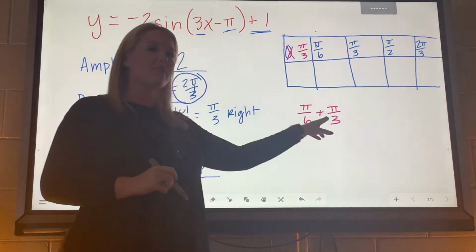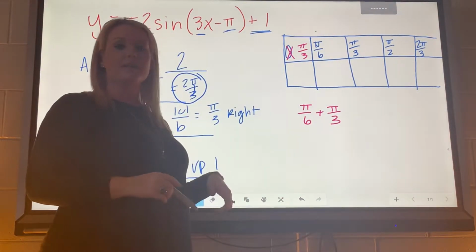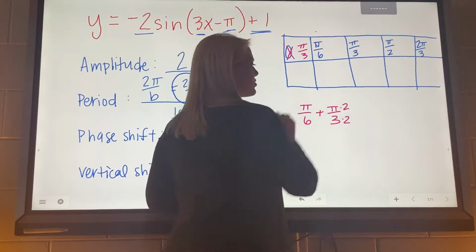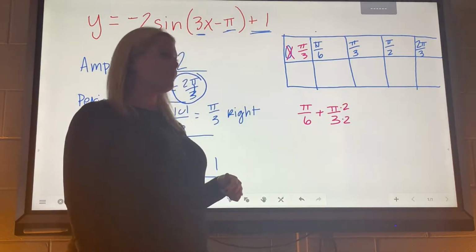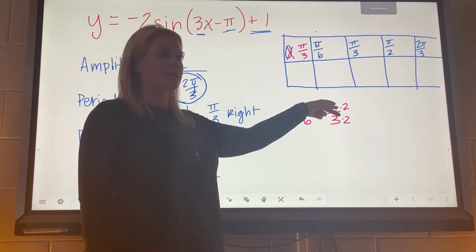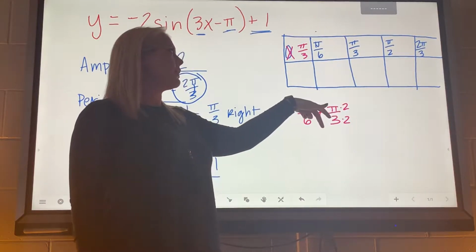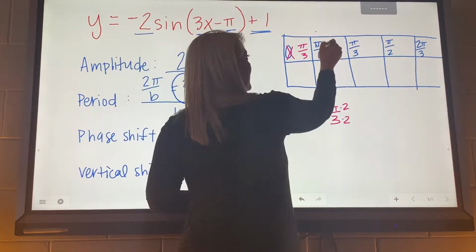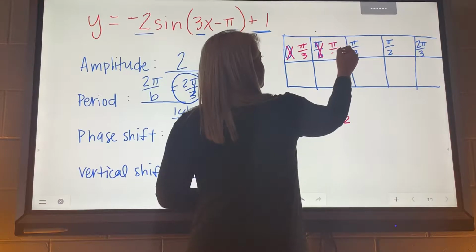But in order to add those two together, I need to have a common denominator. So the common denominator would be 6, so I would need to multiply by 2. So look, this is 1 over 6 and 2 over 6. So if you add those together, you're going to get 3 over 6, which is the same thing as pi over 2.